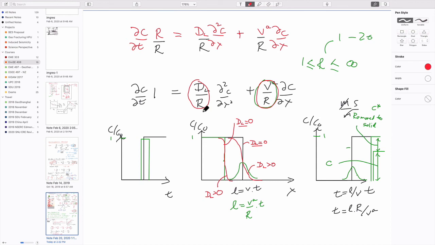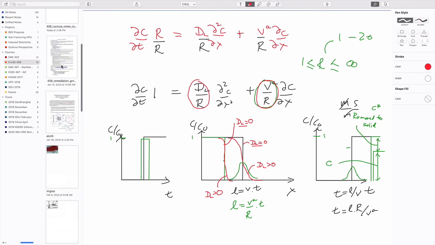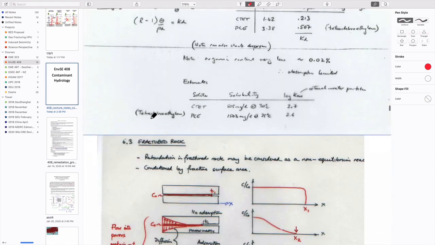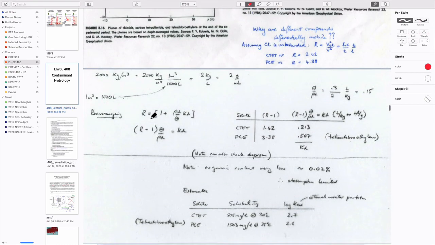Don't need any other equations. We just need to modify. And actually you can always use these coefficients because if it's conservative, then R will just be equal to 1, and you'll get the original equation that we used previously. Okay? All right. Getting close to having said as much as I wanted to.